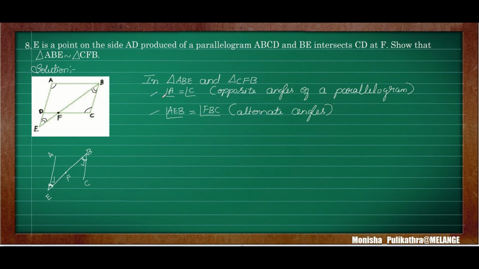Since two angles are equal in the two triangles, by AA similarity criterion, triangle ABE is similar to triangle CFB.